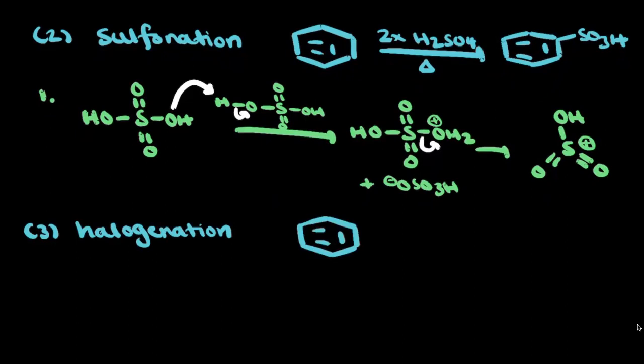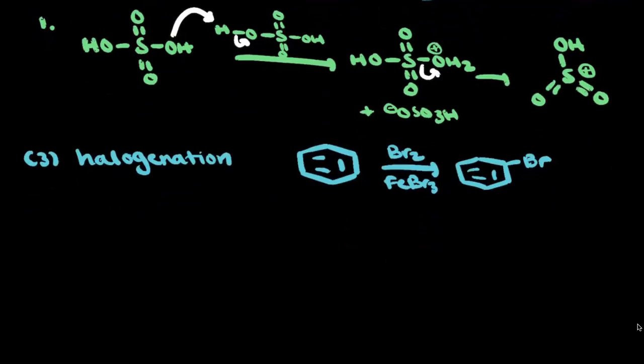You can either do it with bromine or with chlorine. So you can use Br2 and FeBr3 to attach the bromide at that position. You can also use chlorine and aluminum trichloride.